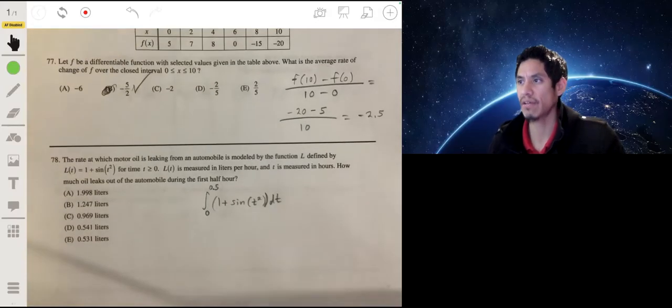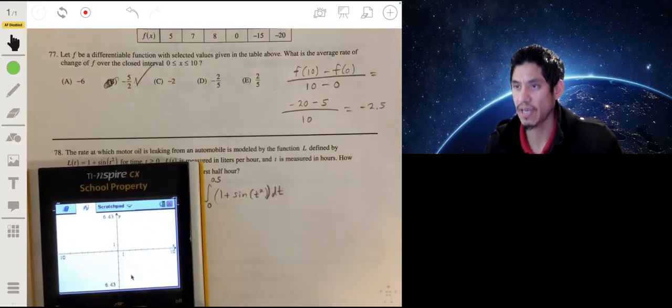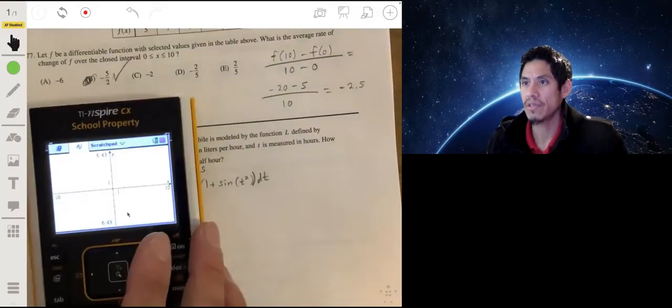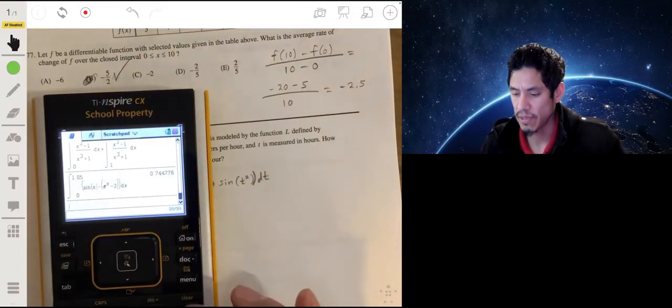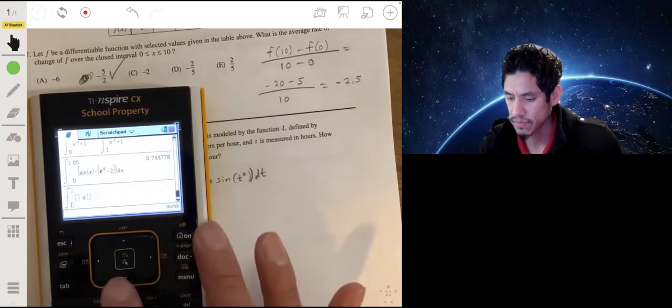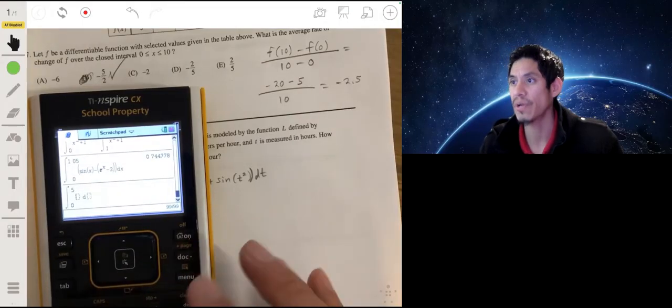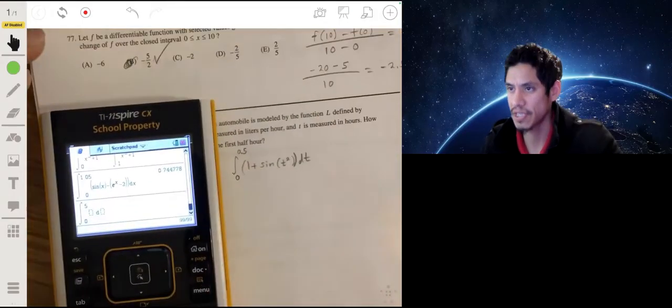And since this is a calculator problem, and you're allowed to use calculators on these problems, we'll go ahead and use our calculator to do it. So let's go to the menu, numerical integral, set our boundaries from 0 to 0.5, and make sure we enter our function correctly.